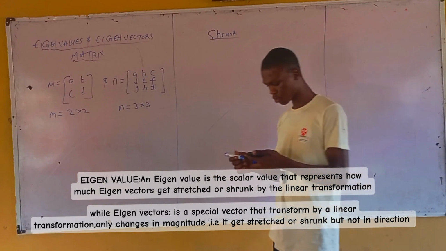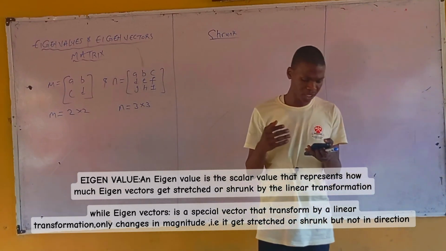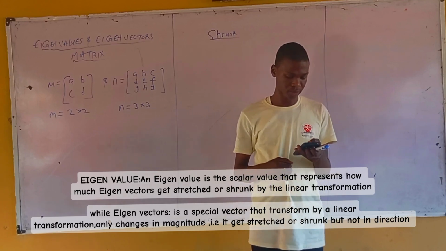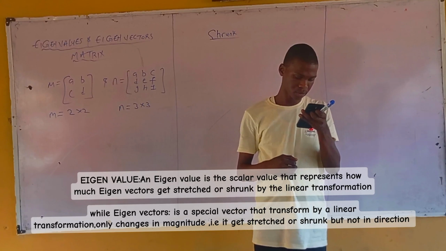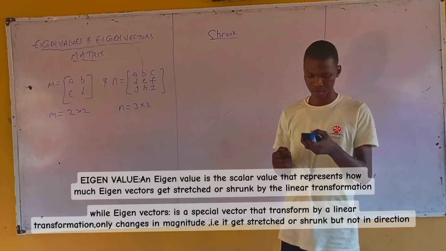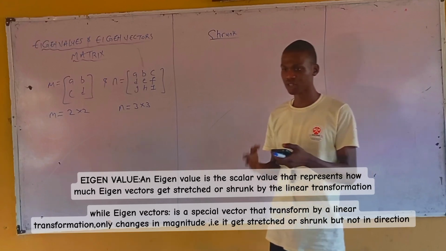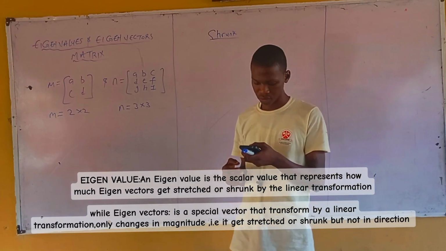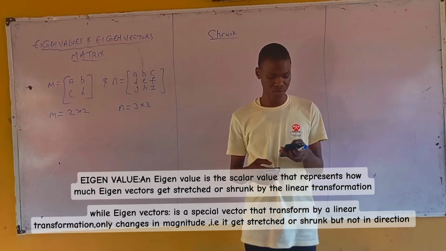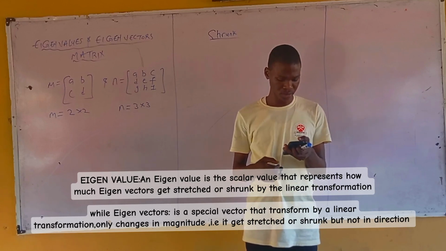Now, what about an eigenvector? By definition, it is a special vector that, when transformed by a linear transformation, only changes in magnitude.